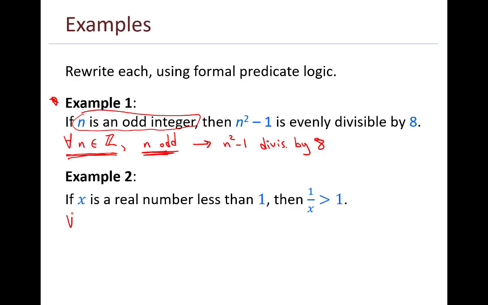All right, let's see here. For all x in my set of real numbers, now that's a double struck R, looks like that. If x is less than 1, so x less than 1 implies 1 over x greater than 1.